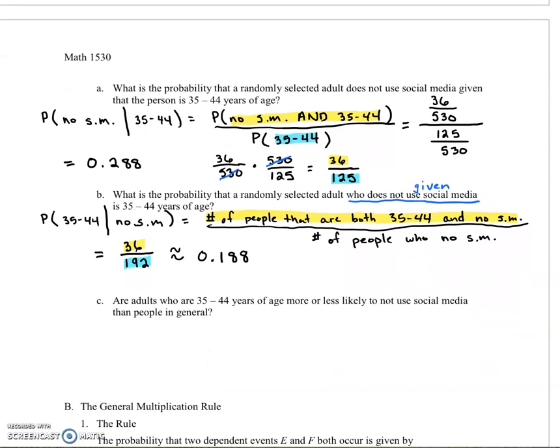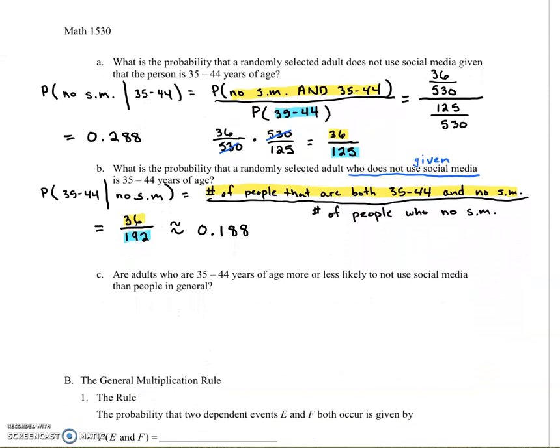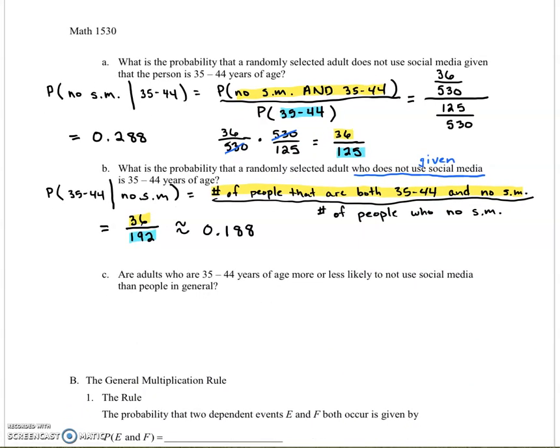Okay, let's see if I can answer this question. Are adults who are 35 to 44 years of age more or less likely to not use social media than people in general?